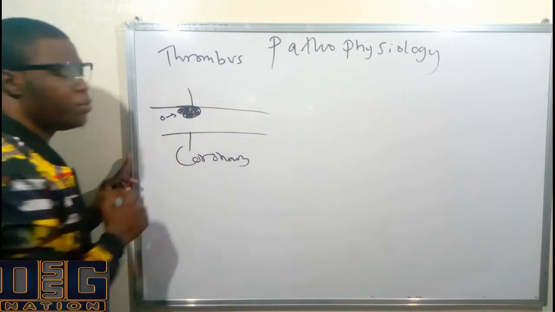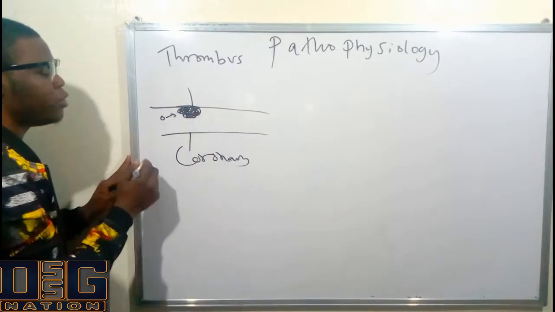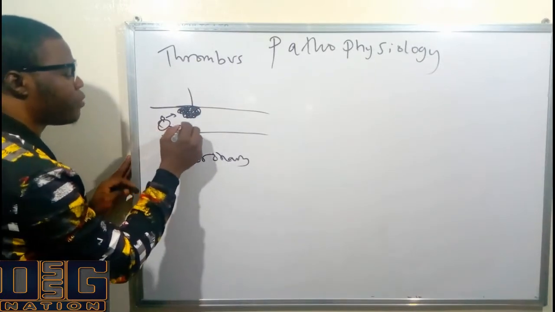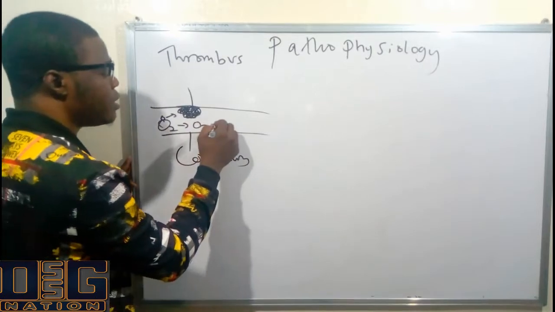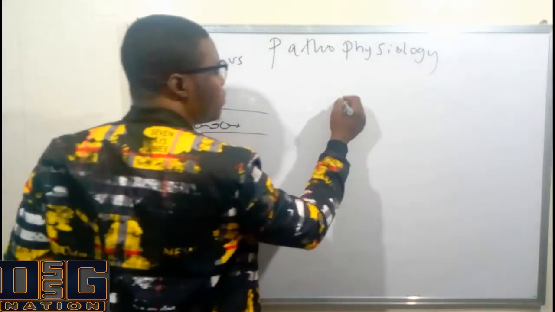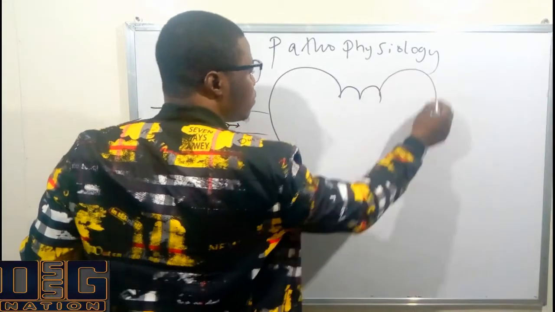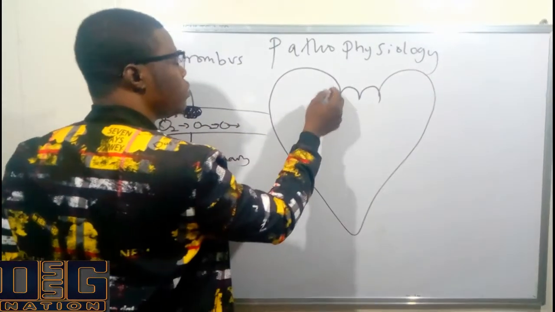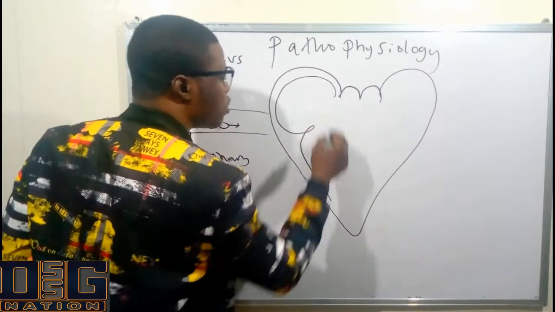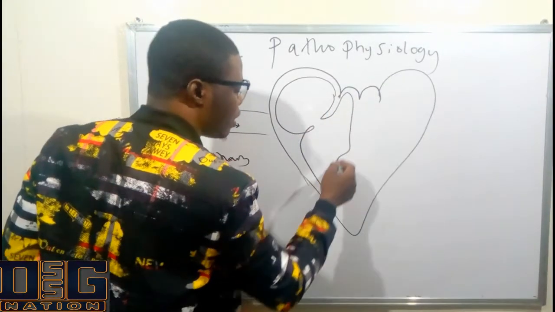That is why we call them thrombus. This formation of thrombus is going to reduce the amount of oxygen passing through this place to supply the muscle layer of the heart.